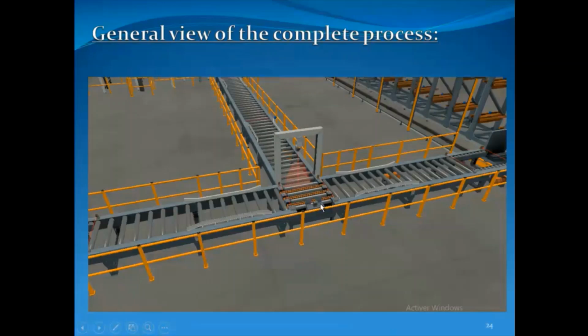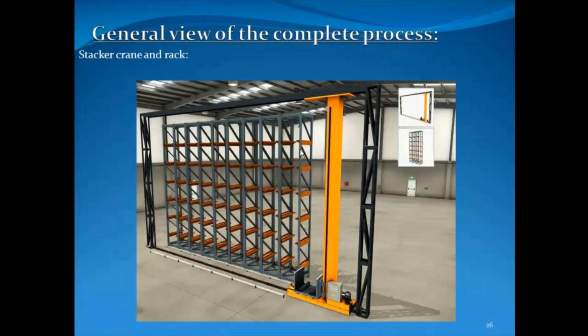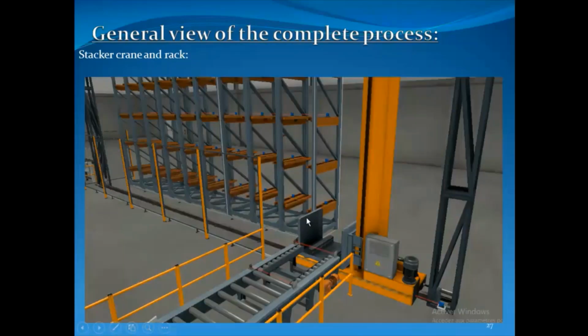The sorter is just a conveyor, and there are these green and orange chains that are going to decide which way to move, here or here, which is going to be decided by this one. And we have the stacker crane. This is a picture of the stacker crane by itself, and this is where it sits in the project.